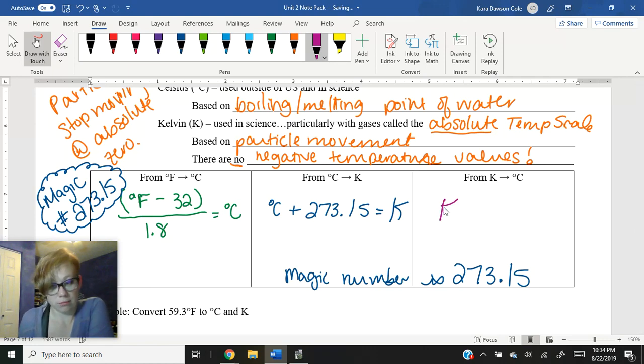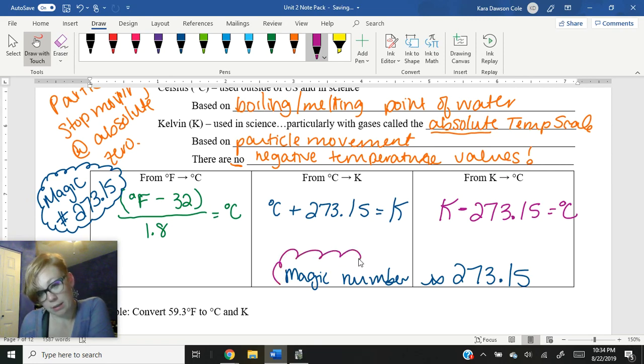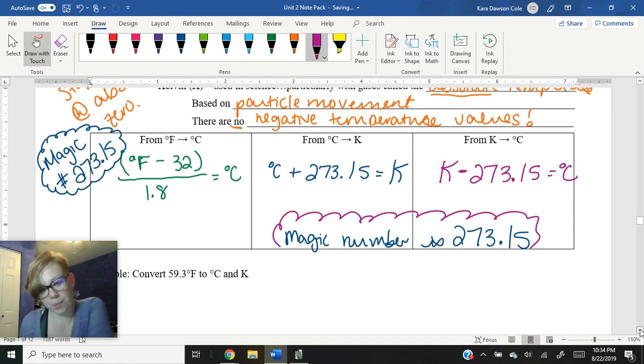So Kelvin minus the magic number 273.15 is equal to my degrees Celsius. Okay, so again, magic number, it's magic. Gets me where I want to go.